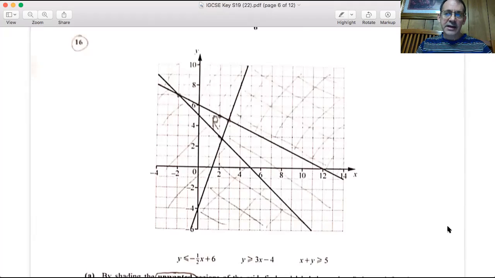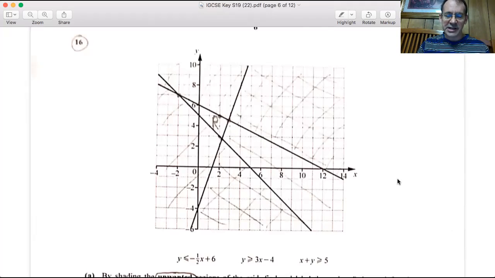In other words, they have you shade the answer set to that linear inequality. In the Cambridge question, they want you to shade the unwanted part, or the part that is not the answer set. So when you're done with your shading, the answer set is the white or clear section.